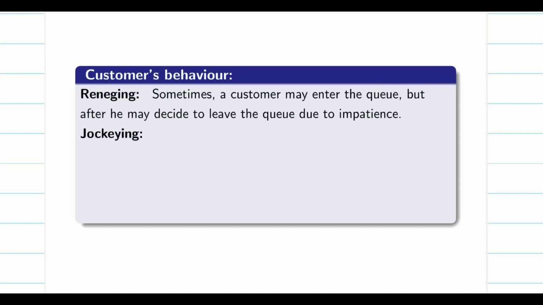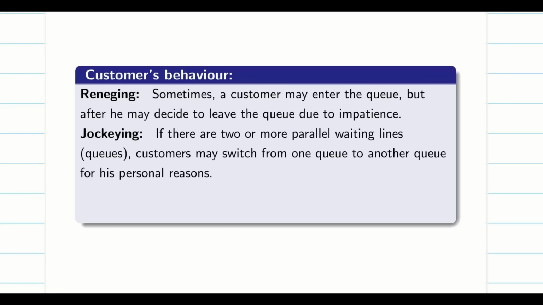The next one is jockeying. Now you understand, or you can guess, what it is. Jockeying can happen when there is more than one queue. You should have 2 or 3 parallel queues. We usually see this in railway stations. When we go, 3-4 queues are there. What will happen? Some queue is moving very fast. In my queue, maybe 10 or 12 members are in front of me.